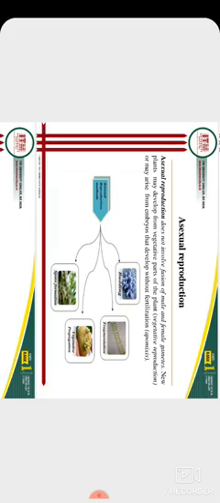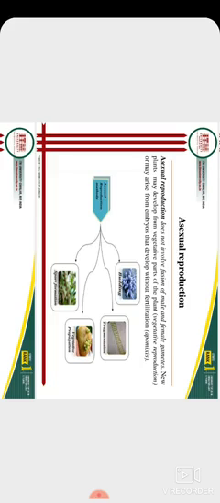Asexual means it does not involve the fusion of male and female gametes. Whatever plant develops may be developed either from the vegetative parts of the plant or from the embryo, and both these reproductions take place without fertilization.